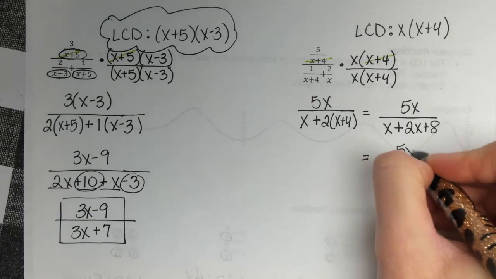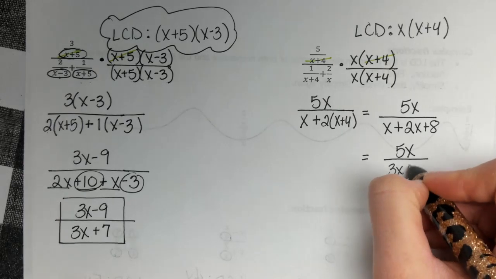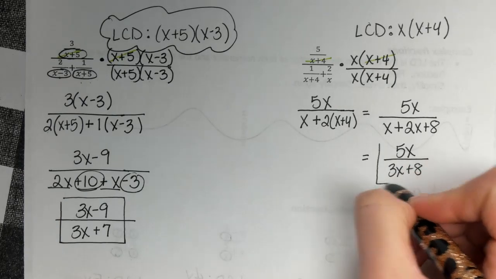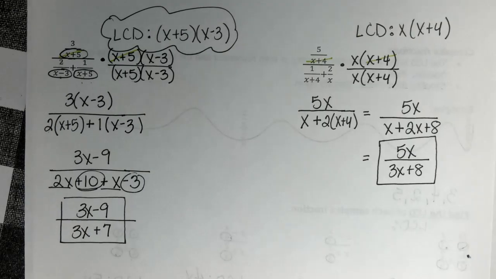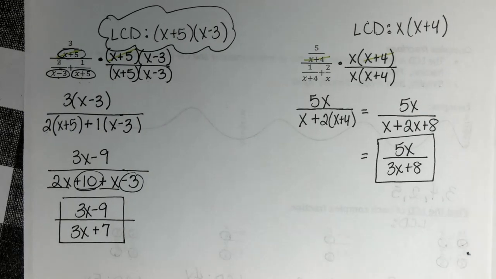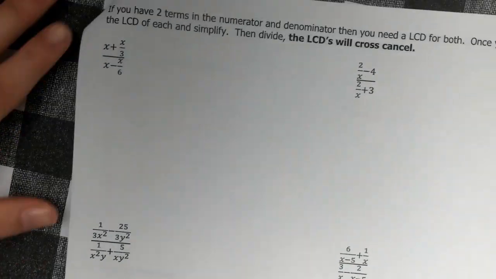So 5x over what? 3x plus 8. Can't simplify that, so I'm good. Do we have questions on this? Okay. All right.